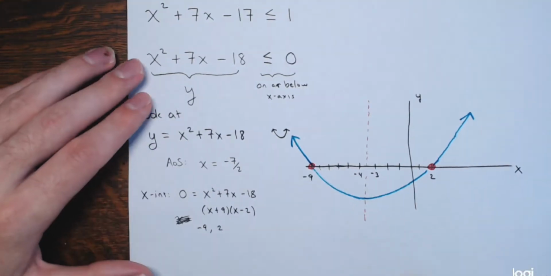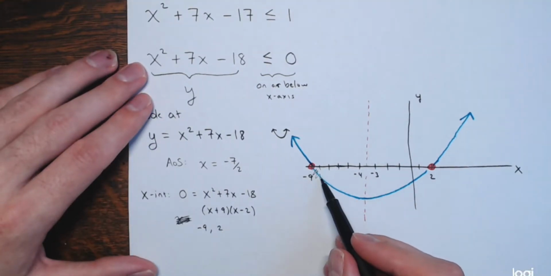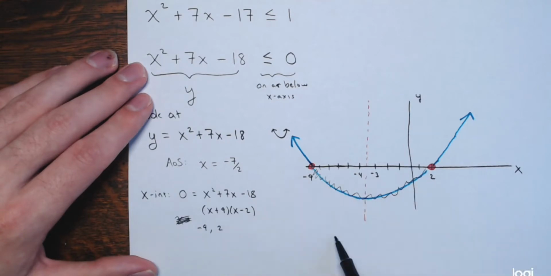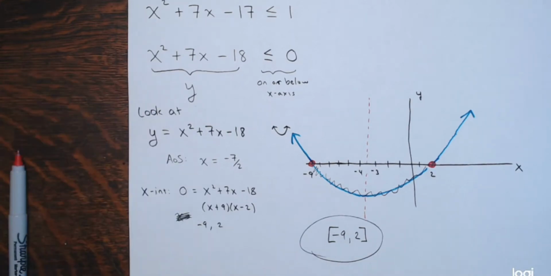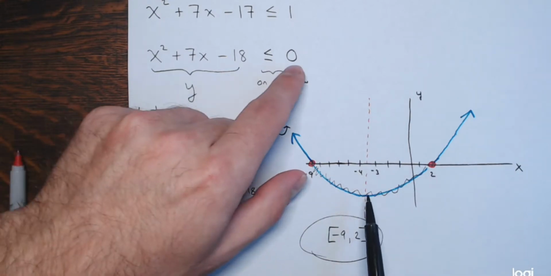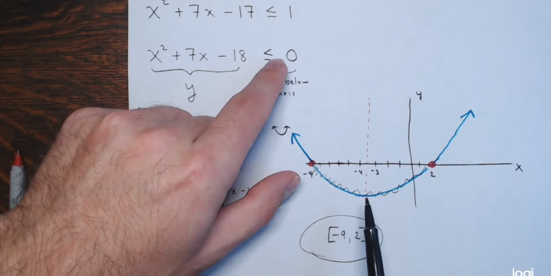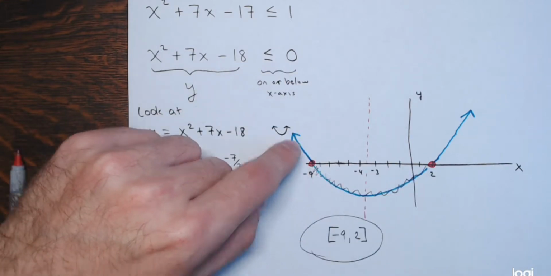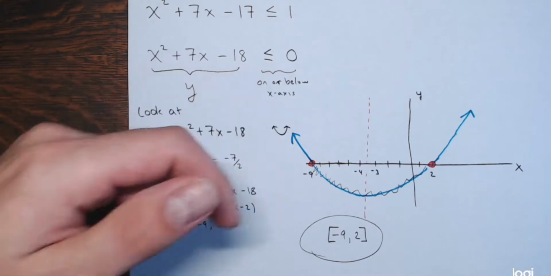And that's only happening from -9 to +2, including -9 and +2. For all the values between -9 and +2, the output is negative, less than 0, so this inequality would be satisfied. And at -9 and +2 itself, the value would be equal to 0, so still the inequality would be satisfied.